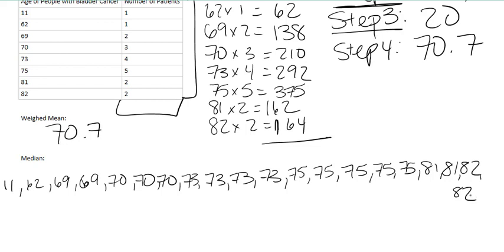And we're going to have to put that last 82 on right below it. So we had 20 numbers across.